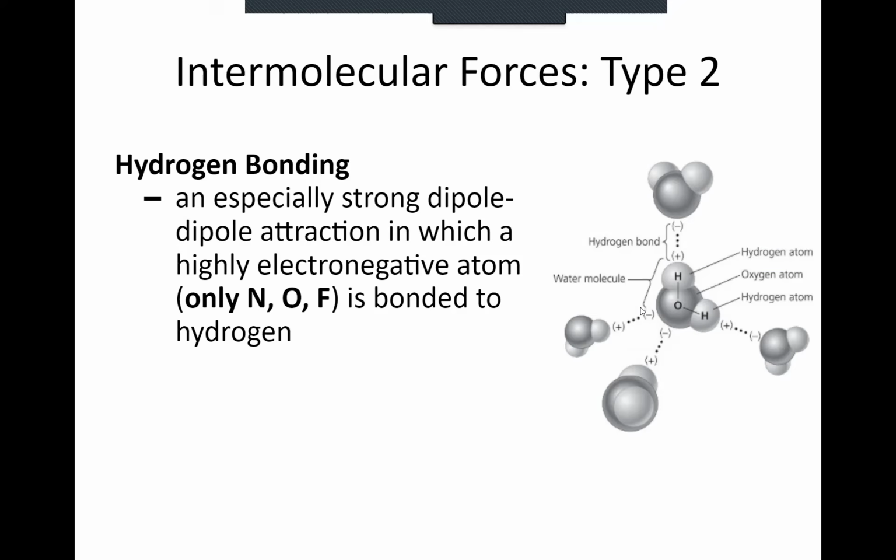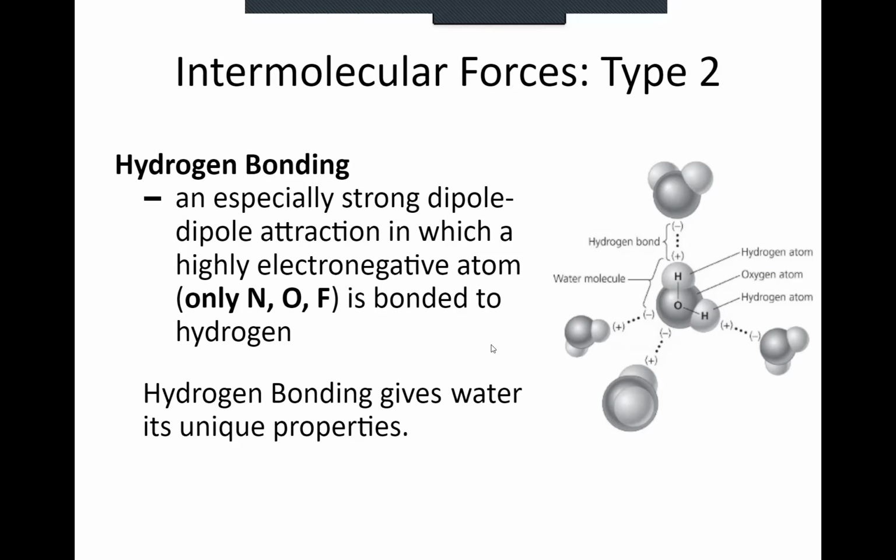And so the result is the adjacent molecules, let's say we got several water molecules in a collection, the water molecules can get closer together because the hydrogen that would keep them spaced apart is small. So there's a close approach in addition to a great electronegativity difference within the bonds. This type of bond, intermolecular force, is what gives water its very unique properties. This is the key one, and it's the strongest of the intermolecular forces.